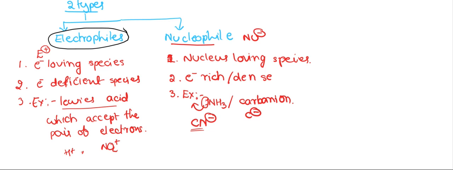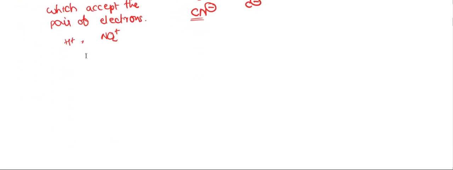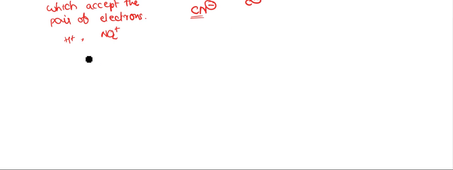So an electrophile is divided into two types. For simplicity, I am writing electrophile as E plus.